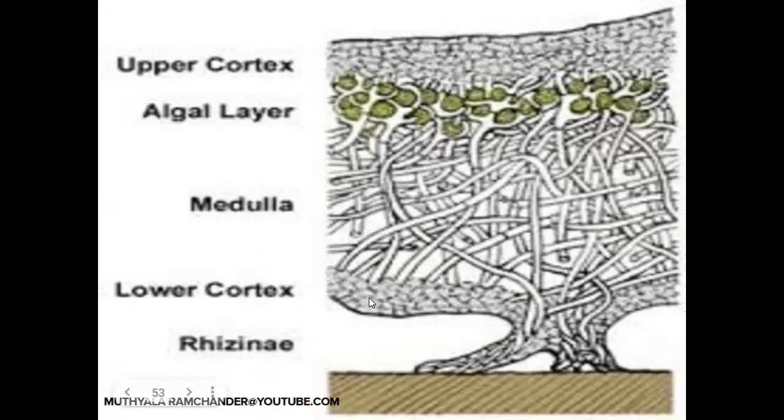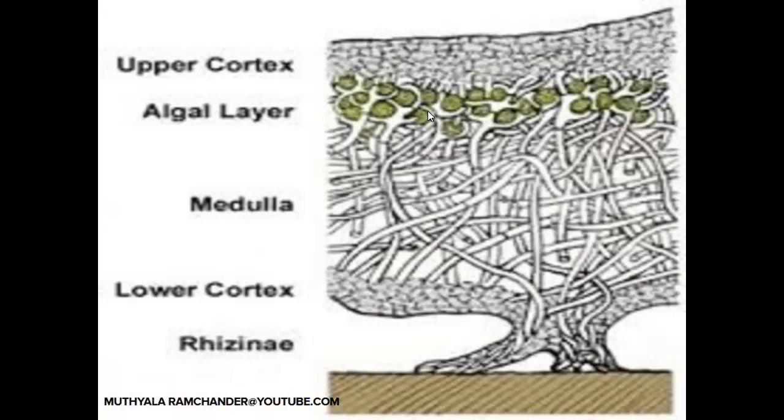In this lower cortex, only fungi are present, compactly arranged to form the lower epidermal region. On the lower part, some hair-like structures are formed, called rhizinae or rhizoids. This is the complete structure of the lichen thallus.